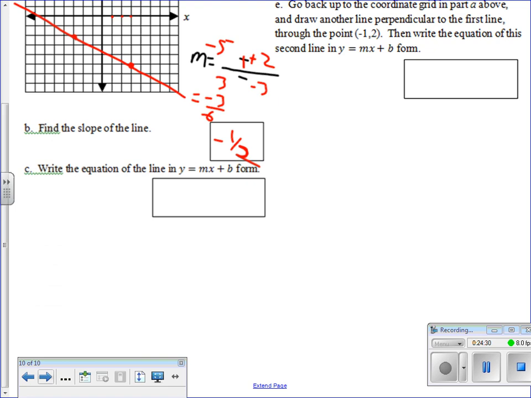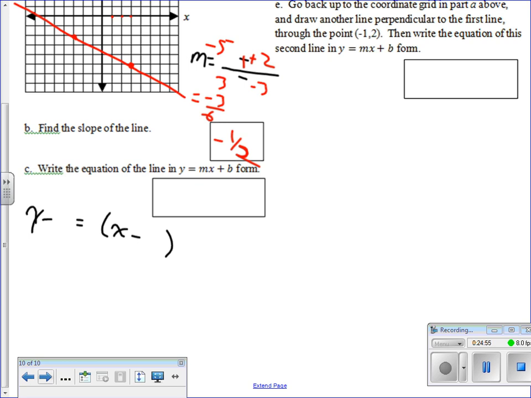Okay. Next one. Write the equation of the line in mx plus b form. Now, a lot of students are tempted to go, oh, I know my y-intercept. My y-intercept is, oh, I don't know if my y-intercept is -4. I don't think so, but it could be.